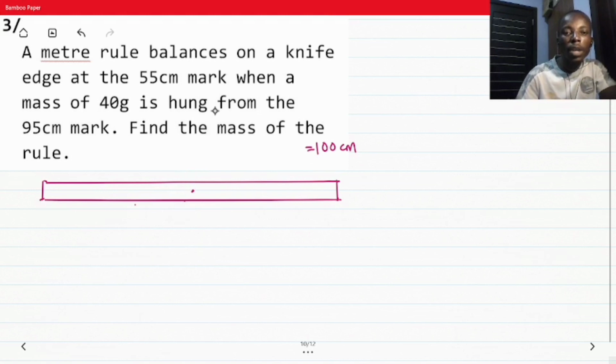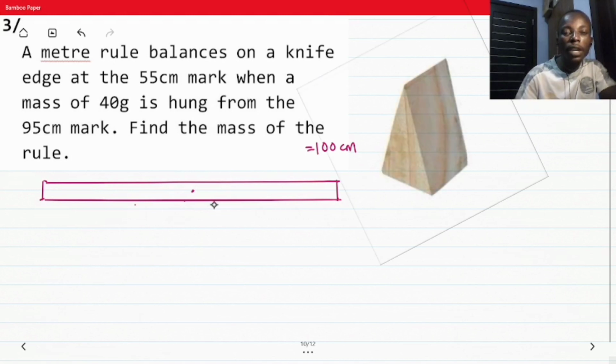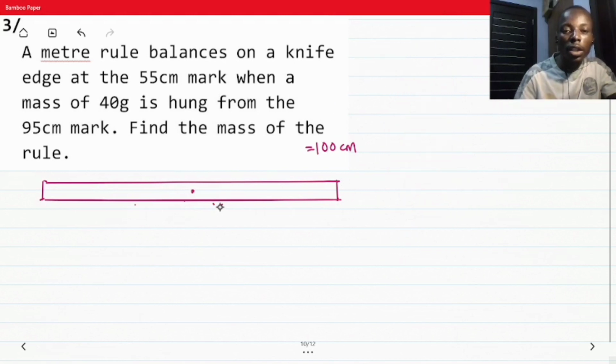But this particular meter rule balances on a knife edge. You see what a knife edge looks like here. This is a knife edge. The question says the knife edge is at the 55 centimeter mark. So it's not going to be at the midpoint, which is 50. It's going to be a little away from it. So I put my knife edge here.